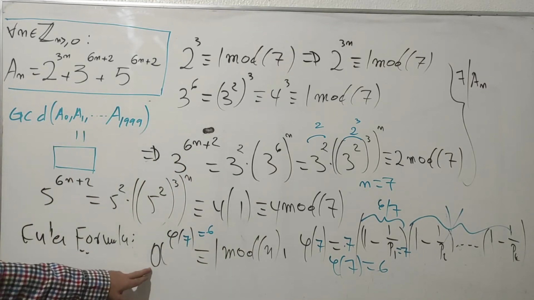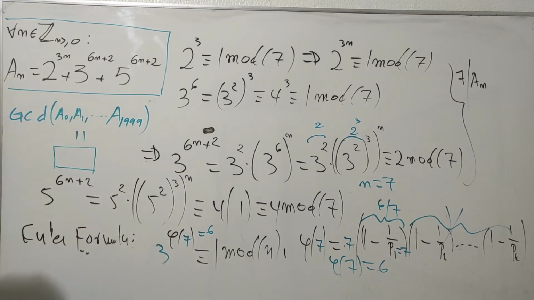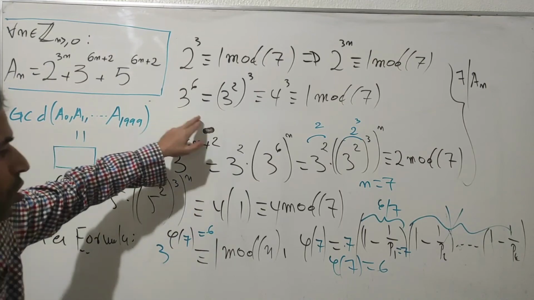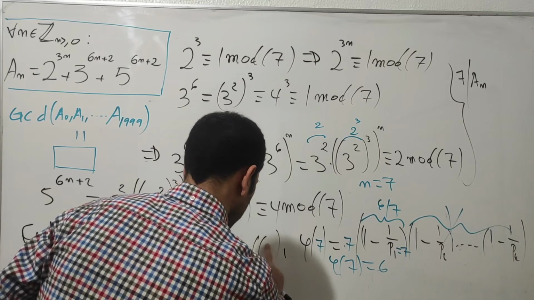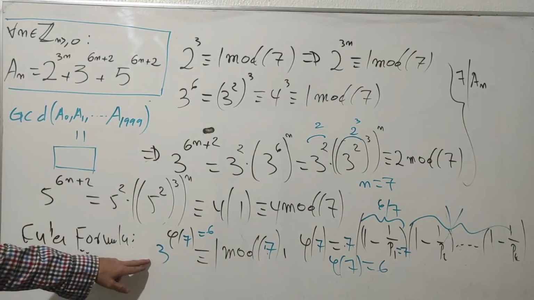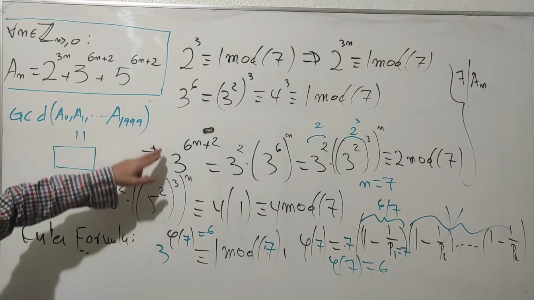So a will be replaced with 3. I get 3 to the 6, which is congruent to 1 mod 7. Exactly. It is going to be the same thing for 5 if you replace 5 here. So we get 5 to the 6.